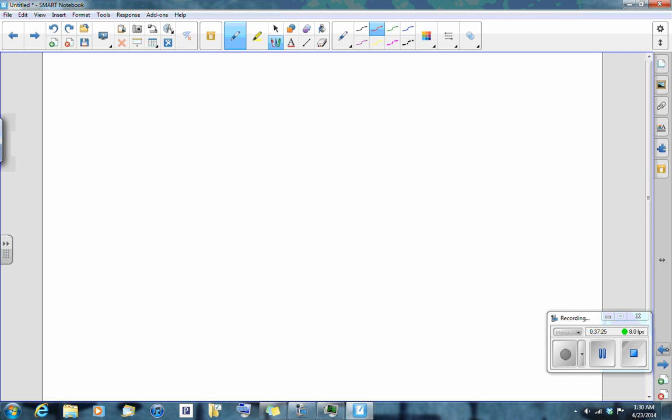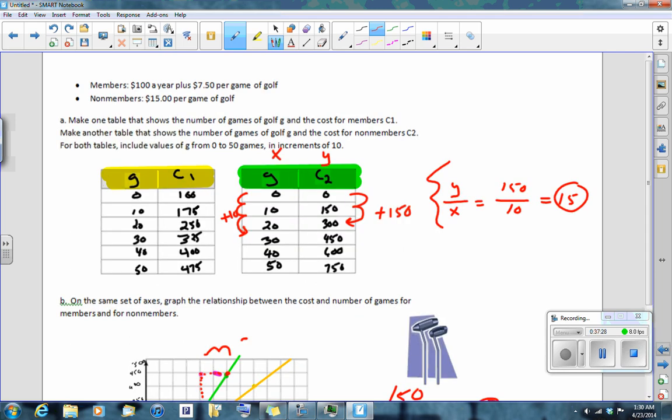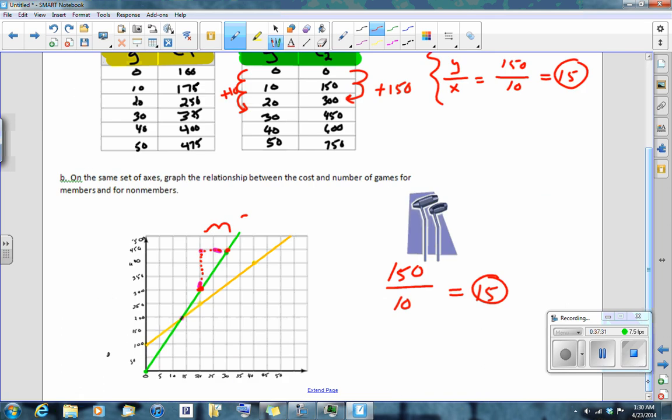At this point, probably the easiest solution, although not the most accurate, would be the intersection point. It looks to be about 13 or so games. The cost is a little less than 200. So that would have to be our estimate.